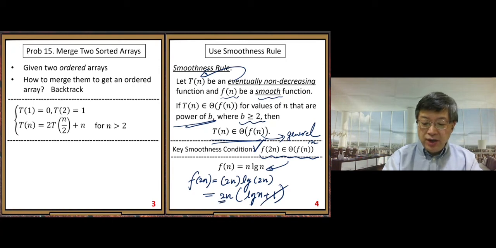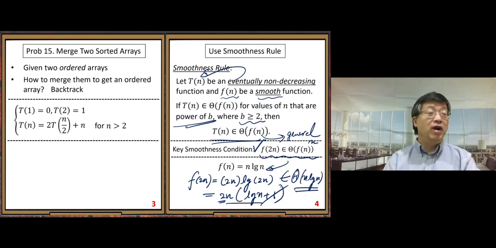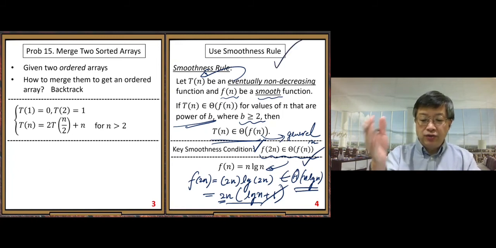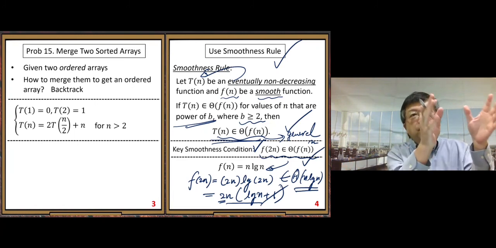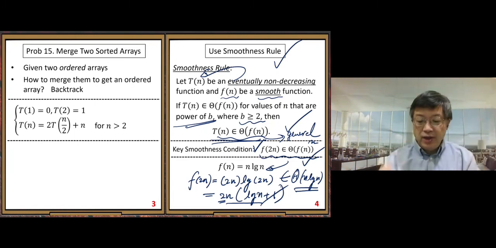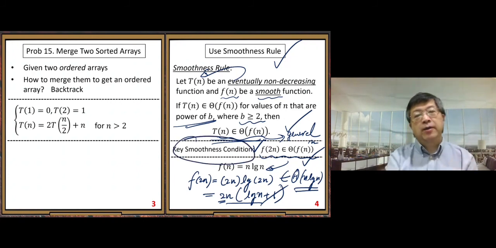So with the constant 2, we can say this is contained in big theta of n log n. No problem, so it is true. Then we can apply the smoothness rule to get the general result. That's another way to do it, but you need to be familiar with the smoothness rule, especially how to check the smoothness condition.